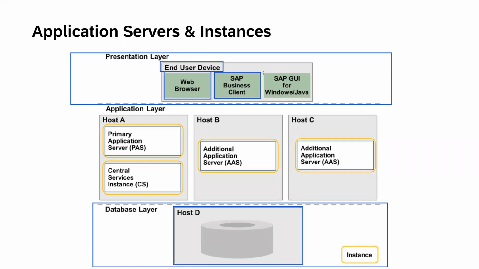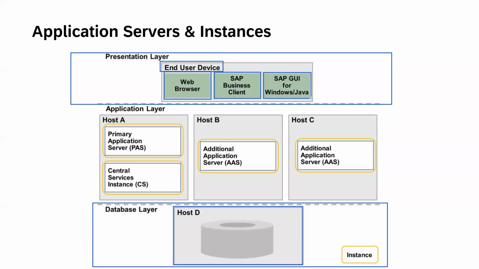Then you have your SAP GUI, the same software which we are using. The SAP GUI software for Windows and Java. For a system on the Windows platform, you will be installing the SAP GUI for Windows. In case someone is using a Linux system or a Mac system, you cannot install the SAP GUI for Windows on them.